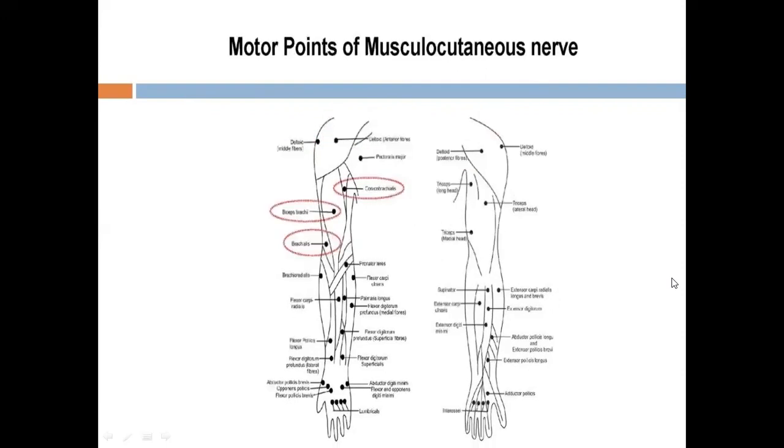Moving on to the motor points of the musculocutaneous nerve now. As we have seen, the coracobrachialis, biceps, brachialis. Here are the motor points for the musculocutaneous nerve now.